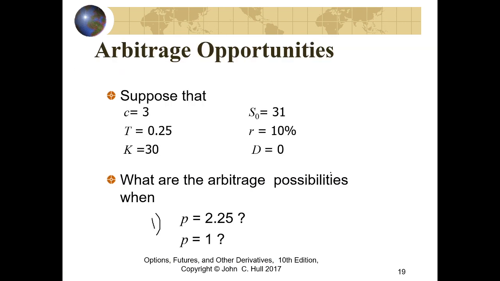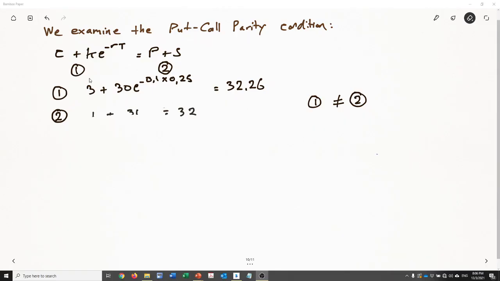So we saw the arbitrage possibility when the price of the put option is 2.25. What about if the put option price that we observe in the market is equal to $1? Let's see. So we re-examine the put-call parity condition.